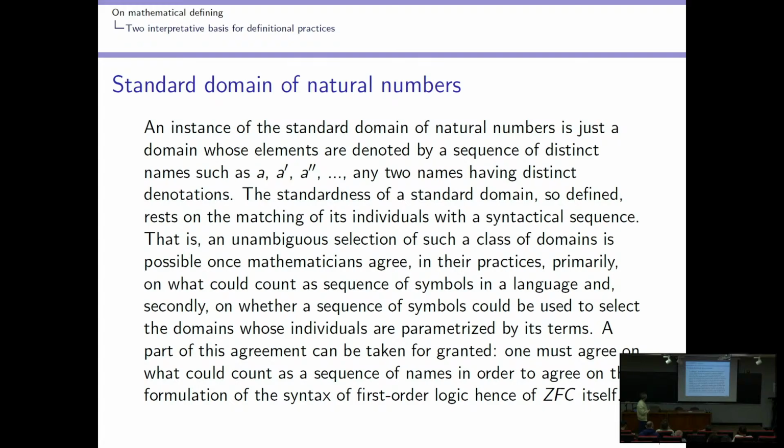An instance of the standard domain of natural numbers is just a domain whose elements are denoted by a sequence of distinct names, such as this. The important thing here is basically the primes, right? This is where our agreement is. We agree on how to iterate the primes. So pick an arbitrary point here, and we agree on how to continue from that point on.